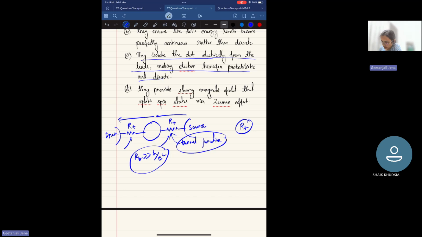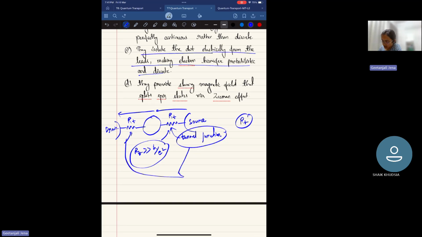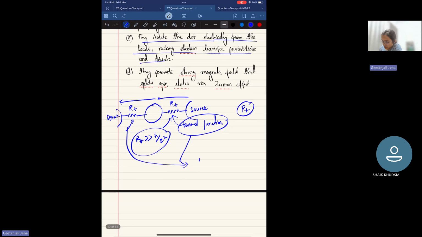Because of this finite tunnel resistance, much greater than h by e square, the tunnel junctions that we have on the source and the drain side will prevent any direct conduction of charge carriers from source to drain.